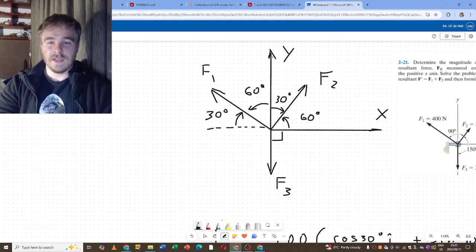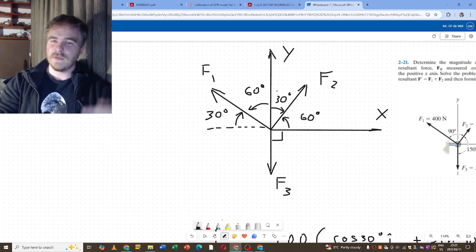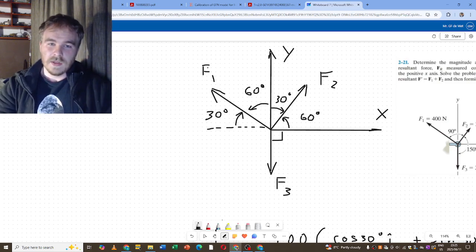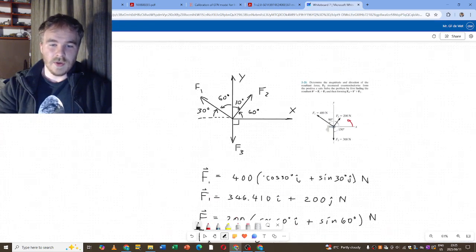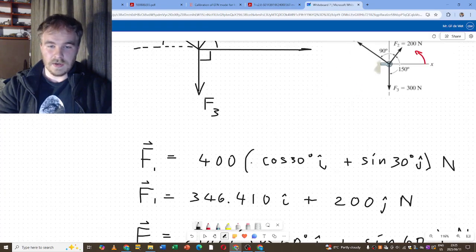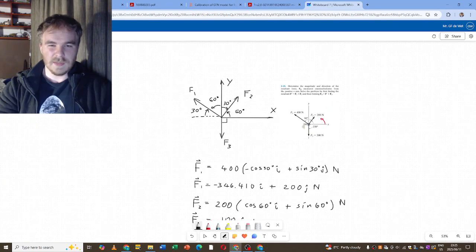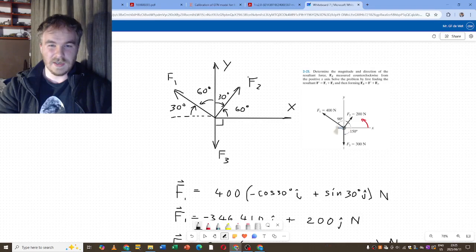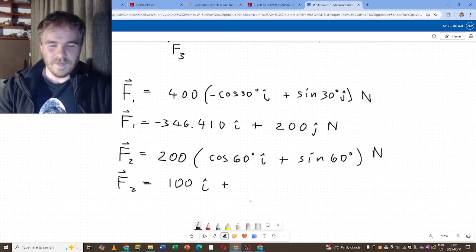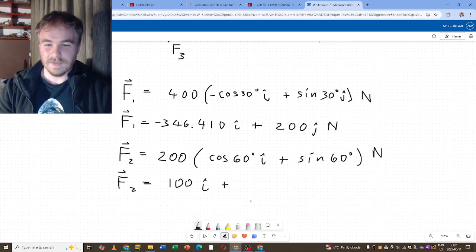We specified the y-axis as upwards as positive, and the x-axis to the right side as positive. So F1 needs to have a negative component, and we completely forgot that. And the negative component is in the x direction, so it needs to be a negative in there. And I realized that because I then saw that F2 has positive components in both the x and y direction, and then F1 can't have that because it's not in the same quadrant. So yeah, all right, a little bit embarrassing, but okay, we'll make do.